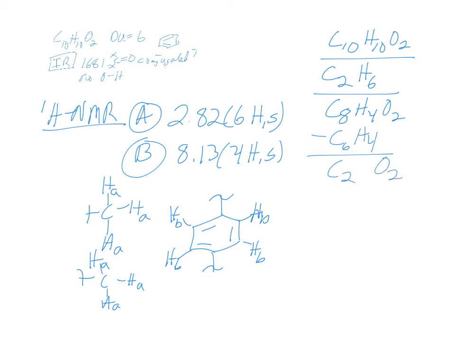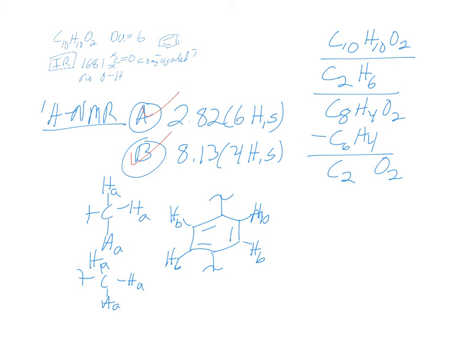All right? So now we're kind of stuck here because we've checked off our A and B. Remember back here, our degrees of unsaturation was 6. The benzene ring covers 4 of them, so we have 2 left over. And we thought we'd have carbonyls, right? How many carbonyls must we have then? 2. And it looks like C2O2.